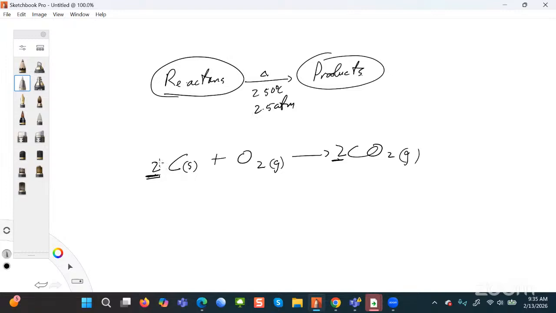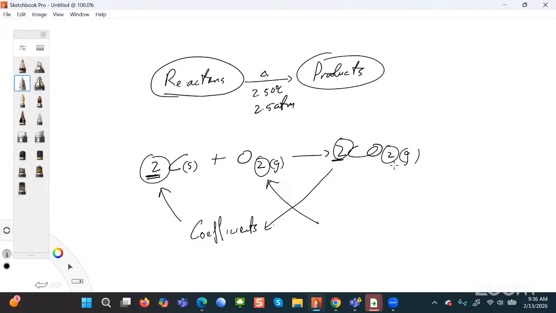So these numbers, while we have them here, I'm going to say what they are. In chemistry, we call them the coefficients, right? And these coefficients are not to be confused with these numbers here. These are basically the subscripts, right, for the different elements in the different compounds.